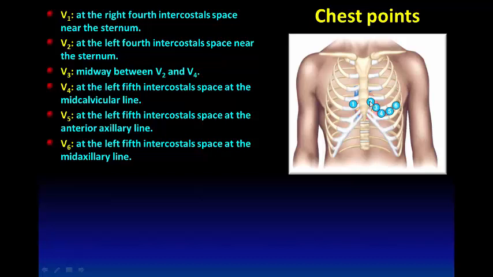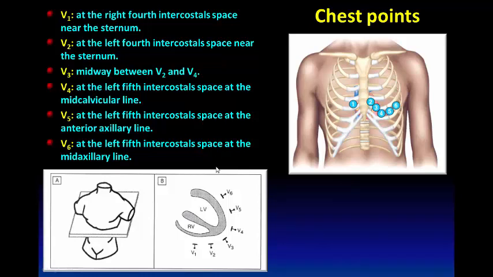V3 is midway between V2 and V4, so we need to define what is V4. V4 is at the left fifth intercostal space at the mid-clavicular line, at the apex of the heart. V5 is at the left fifth intercostal space at the anterior axillary line, and V6 is also at the left fifth intercostal space but at the mid-axillary line.